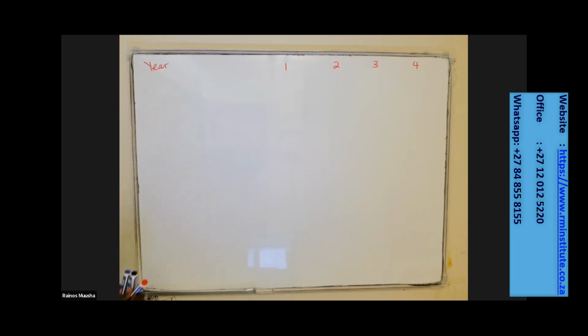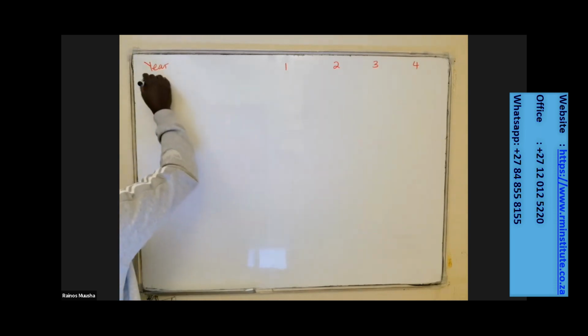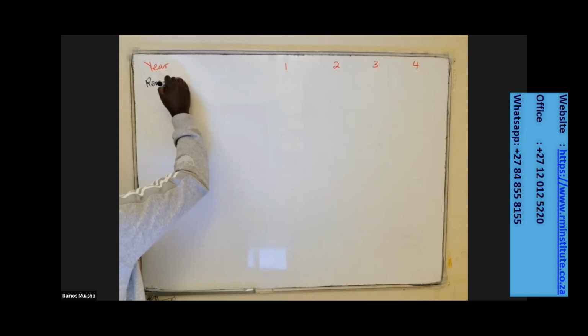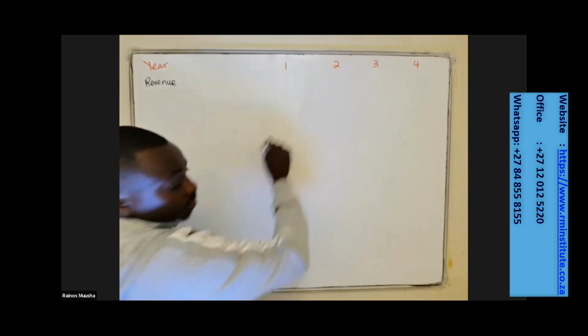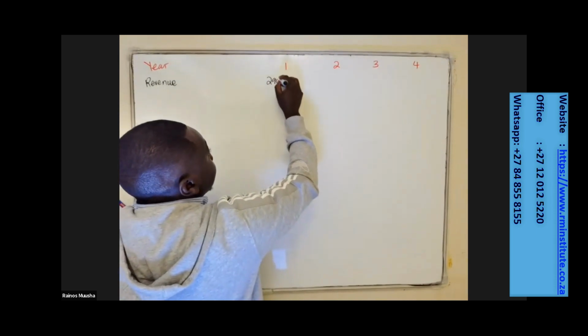So our revenue is going to be 2.9 million throughout, so it's going to be 2.9 million here.